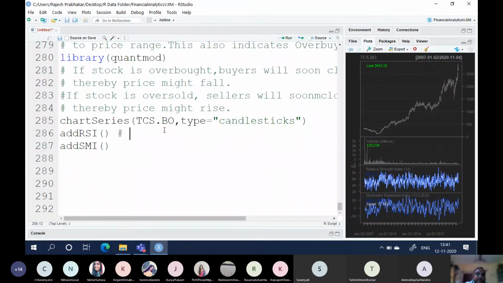So this is your relative strength index. This is the stochastic oscillator.